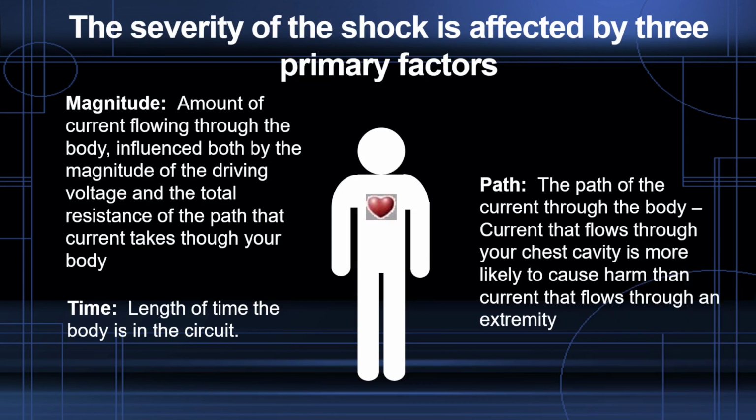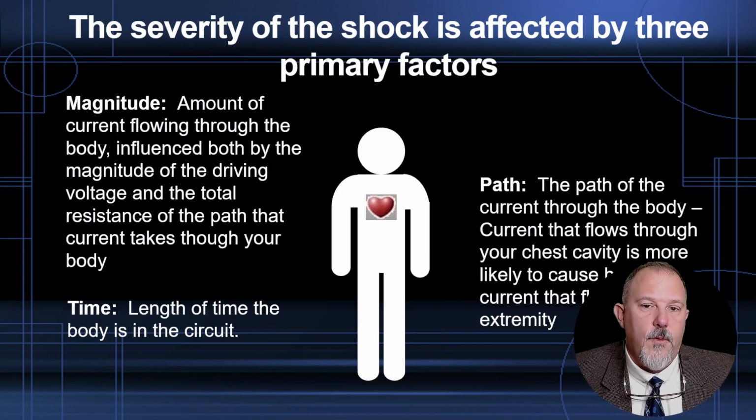Now, in this case, what I'm showing you is the three pieces of critical information that are important for understanding the amount of impact on the body. You have the magnitude of current that will flow, the path the current will take through the body, and the amount of time that we permit current to flow.